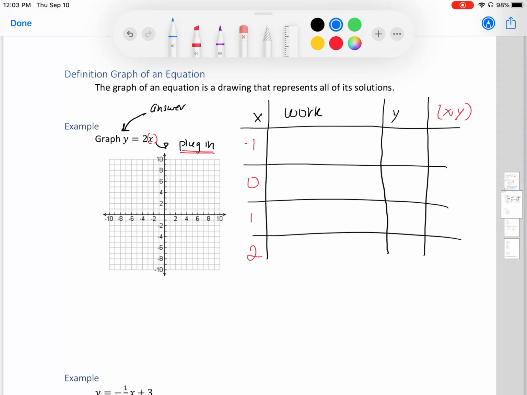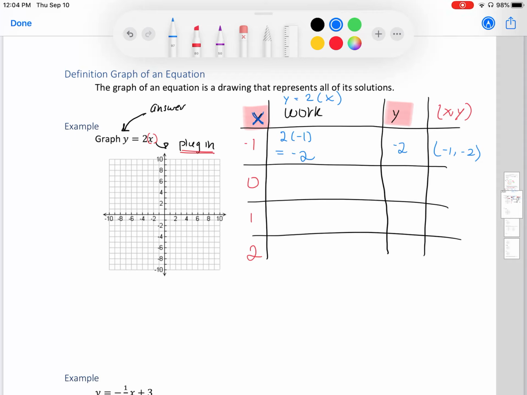Okay, so we're going to plug in 2 times x, using these values for x. We have 2 times negative 1, which is negative 2. So my y is negative 2. Remember, your answer is always (x, y), so my point is negative 1, negative 2.